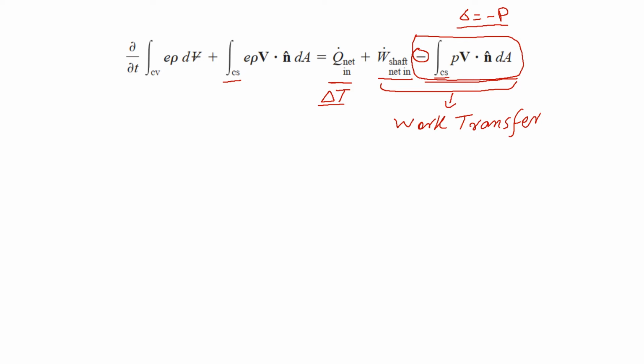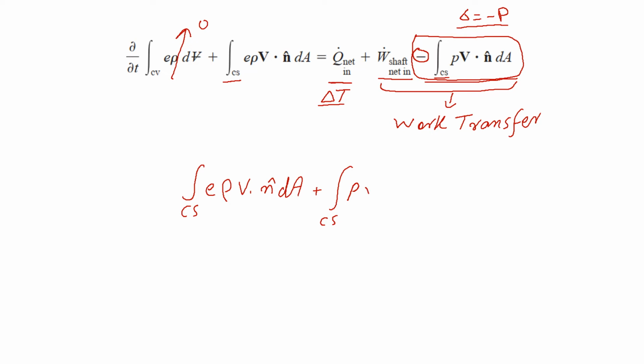If we say that this is a steady state flow problem, which we will assume throughout our calculations, this is the control surface integral of the intensive property, density, V dot n dA, plus the integral for the control surface and rate of work transfer required to overcome the normal stresses occurring on the control surface.